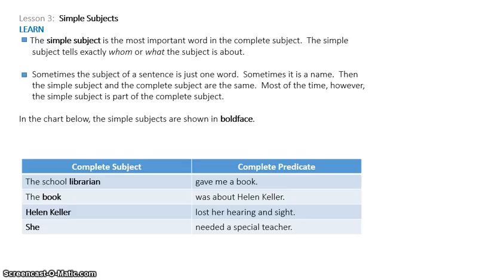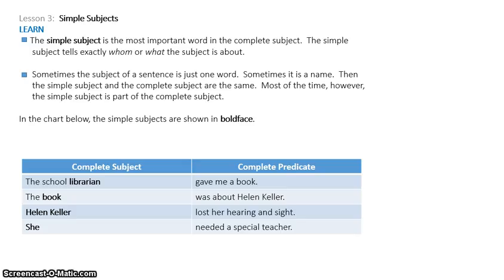So book is the simple subject. The, you'll notice, is not in boldface because that is an article describing the book. Which one? The book. So those are the differences between a complete subject and a simple subject.